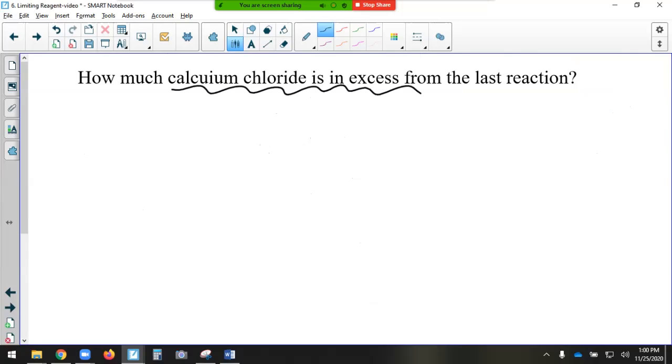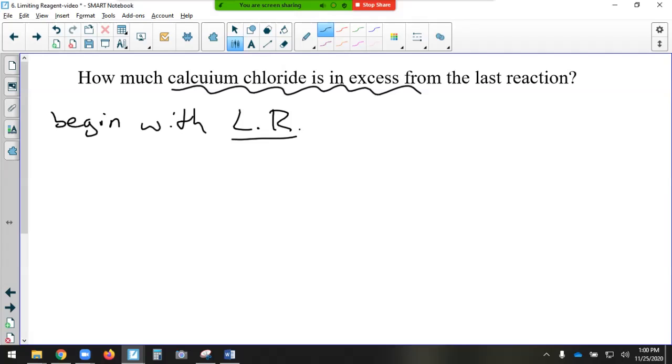To do that one, always begin with your limiting reagent. Since we know the silver nitrate got completely used up, let's find out how much calcium chloride was actually used.